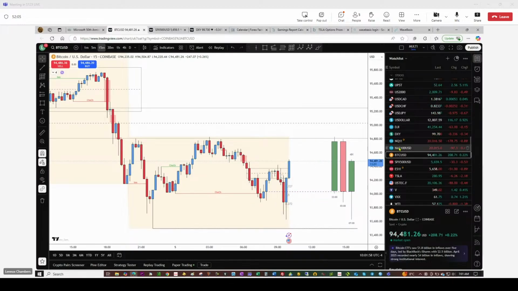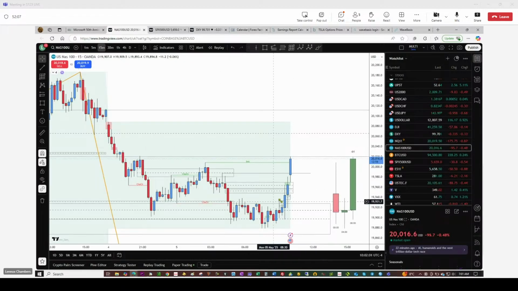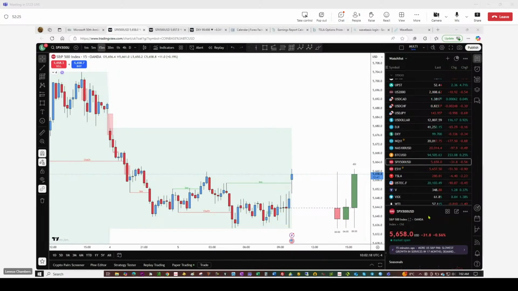And that's all good. But with the NAS and S&P, what's interesting here is that NASDAQ gave us the fourth wave chop, but then they did come down and take out the low before they made this move back up, whereas the S&P did not do the same thing. You see how we got divergence here.